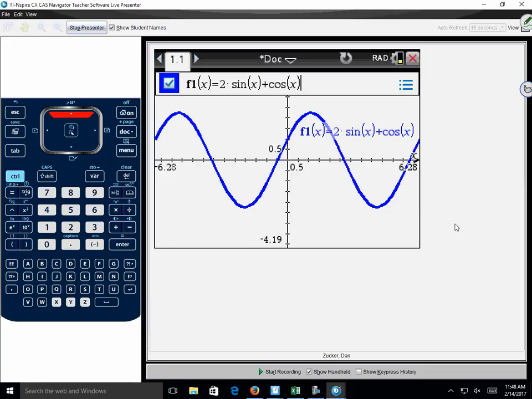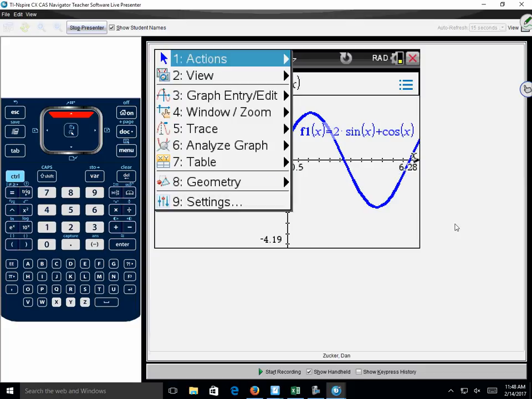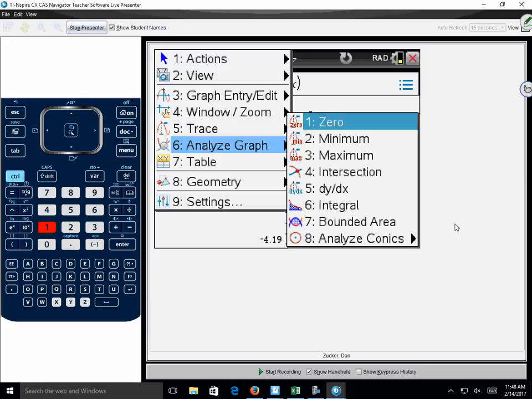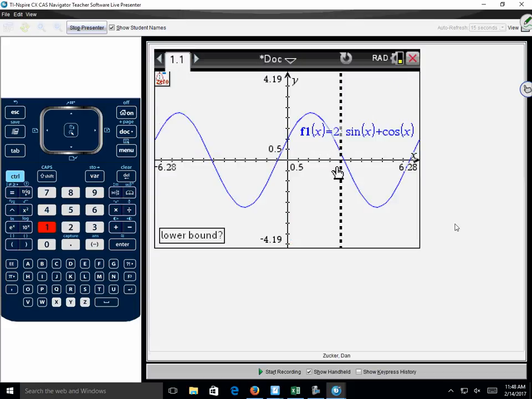So did you do menu, analyze, zeros? Yeah, and then I put it in the trig window, zoom trig, because it was 0 to 2 pi. And I got 2.68 for this one, and the other one was 5.82. Okay, all right.